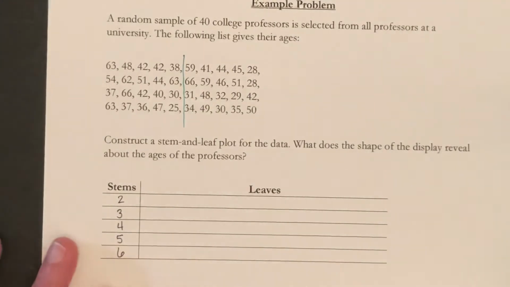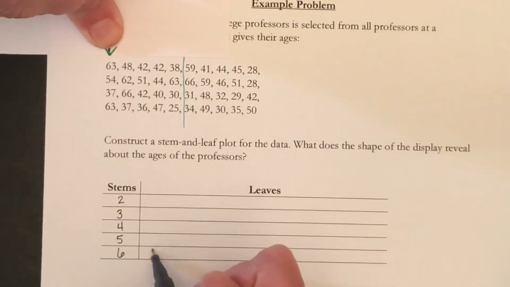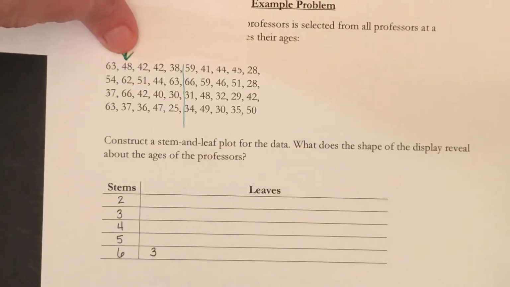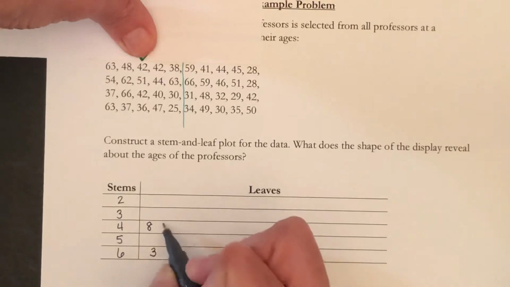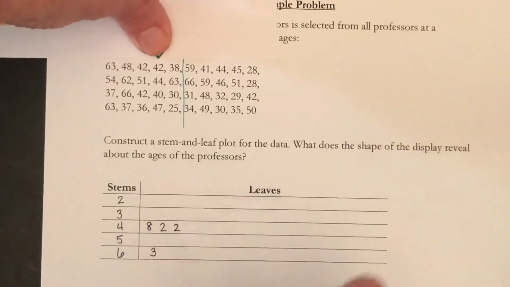So what we're going to do is, I want to write down 63. So I go to 60 and write down my ones unit. 48, 42, 42. You see what I'm doing?